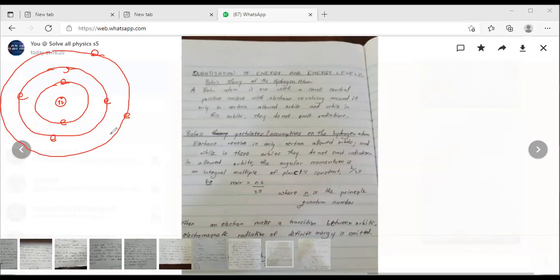So while electrons are in these orbits, they do not emit radiation. And the higher you go, the more energetic these electrons are. This one has a greater energy. For example, if this is the orbit with energy E1, this is the orbit with energy E2, this is the orbit with energy E3, it means energy E3 is greater than energy E2, which is greater than energy E1.